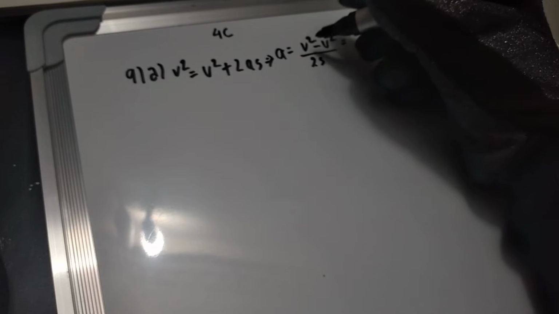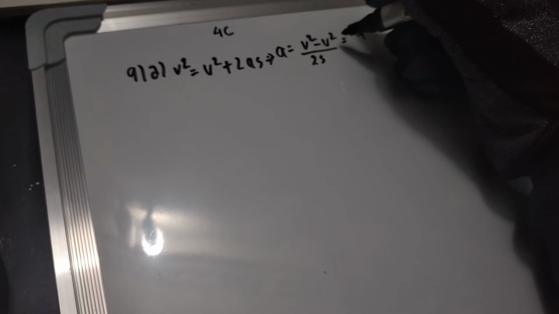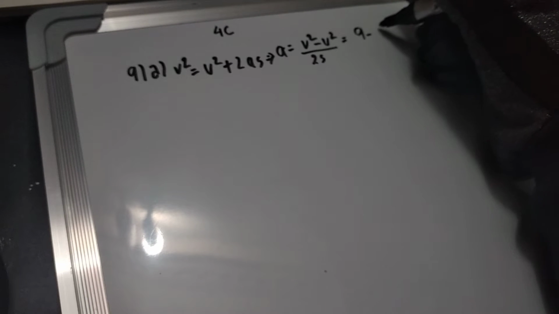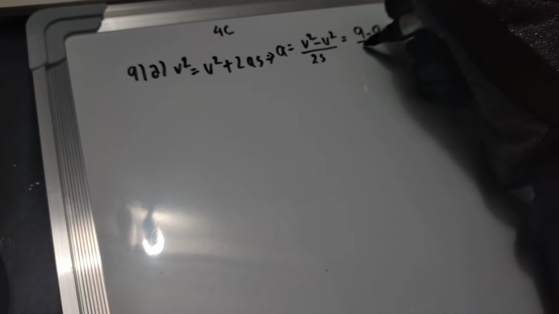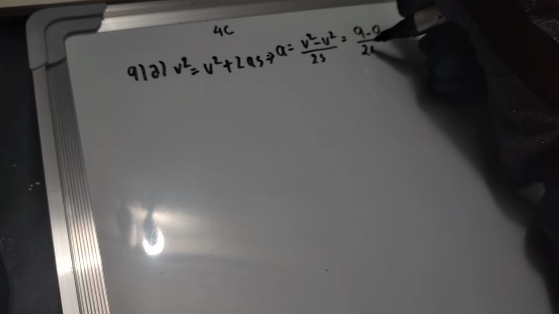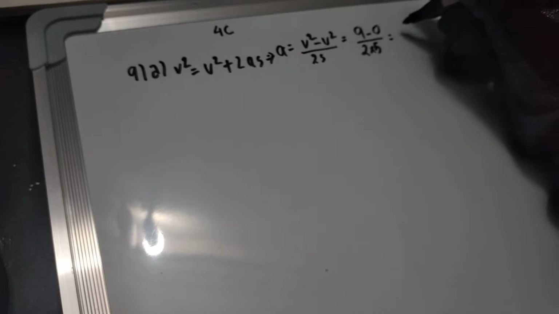We know v is 3, so we could write 3 squared, which is 9. It starts from rest, so u equals 0, so we could directly write 9. We also know the distance, which is 5, so the acceleration is 0.9.